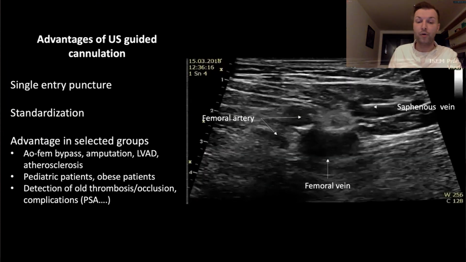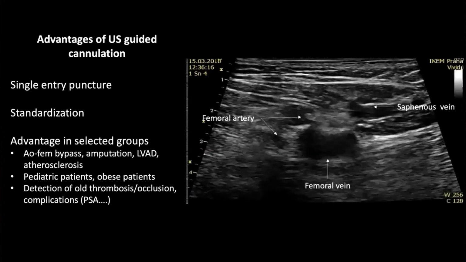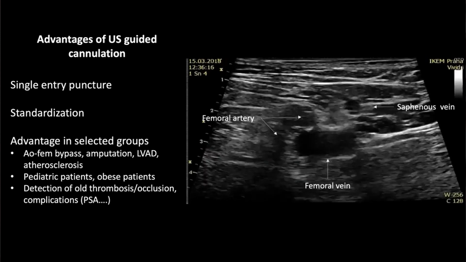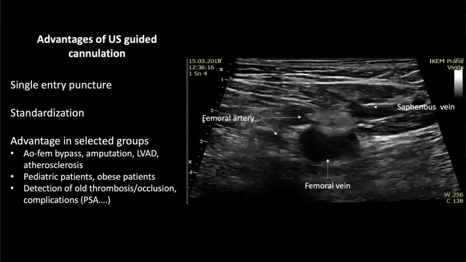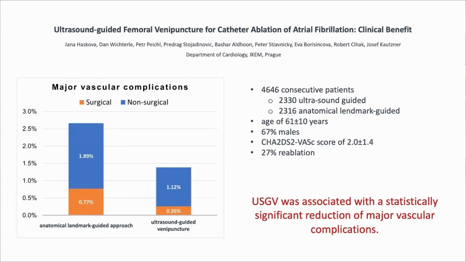The image you see on the monitor shows you tenting of a needle on the upper wall of the femoral vein, and the key concept using ultrasound-guided venipuncture is to visualize the tip of the needle and its entering into the basal lumen.